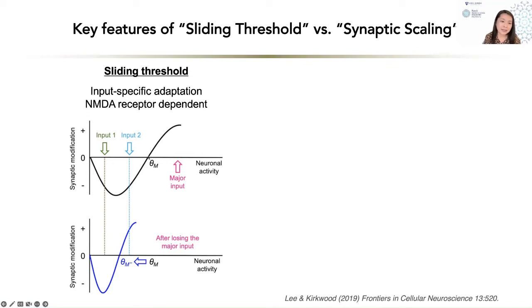So we posited that if there is a loss in major input, as would happen in the visual cortex when you lose vision, theta M will slide down such that you're going to be promoting LTP and removing some portion of LTD. So previously, if there were two inputs that were in the LTD portion, one of them, which is stronger, would cross the new threshold to become potentiated, but the other one will be kept low such that it will still weaken by LTD mechanisms.